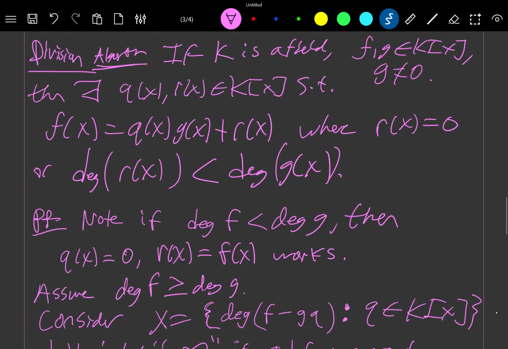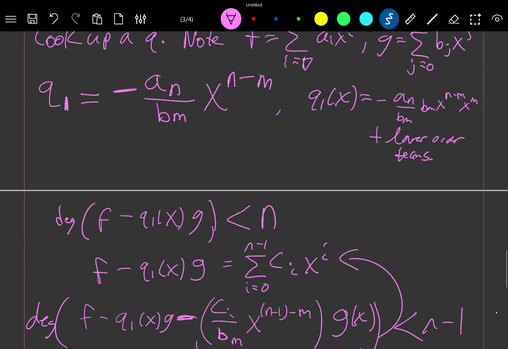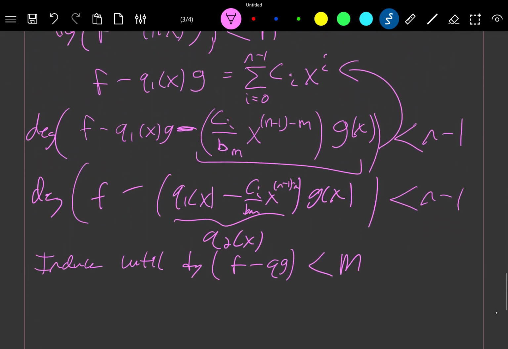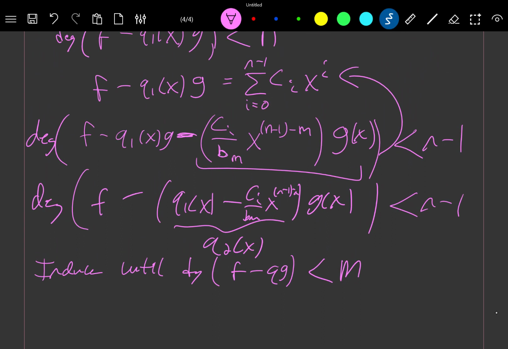So this is the division algorithm for polynomials over a field, and I should note this doesn't hold in general over an arbitrary ring.